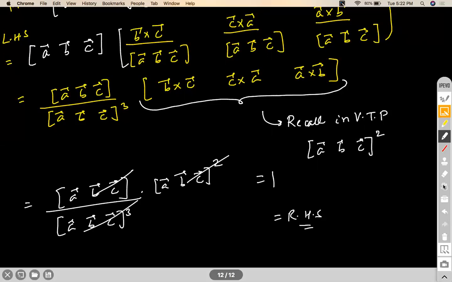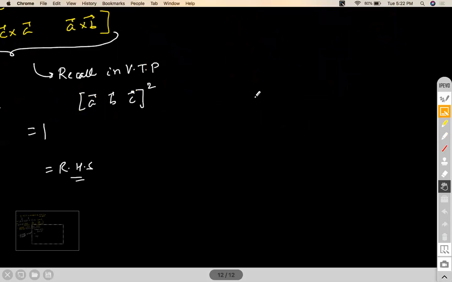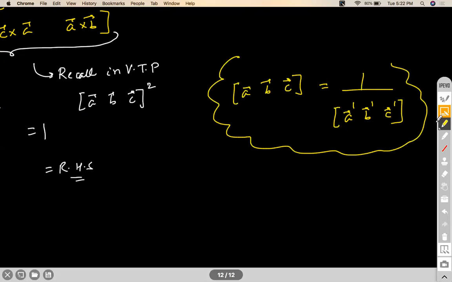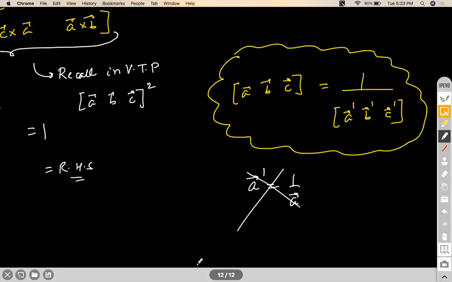This itself is a very important property. And that's why they get the name of reciprocal system of vectors, because the box product of ABC is reciprocal of the box product of their reciprocal system. Please do not think that A dash was 1 by A. There is no such relation like this in vectors.